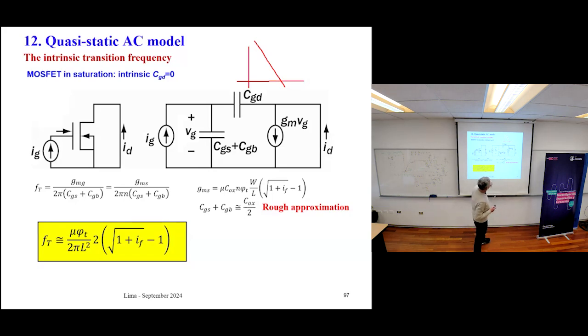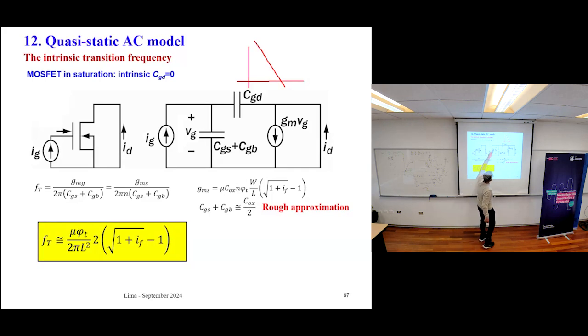And it provides the current, part of the current here comes through this CGD. You have some way for the current to flow, right?